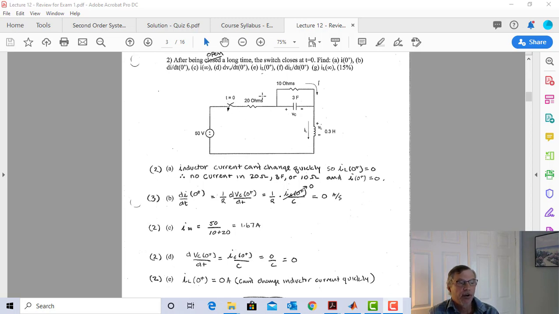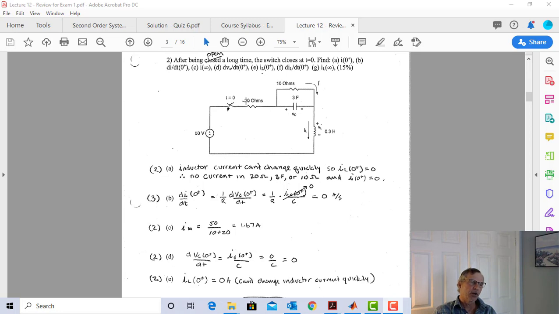We have no current, so we have no voltage drop here. So we have 50 volts here. And we know that we had 0 volts across our capacitor. And that's not going to change, so we're going to have no current here. So that means we have no current in our capacitor. So what happens?